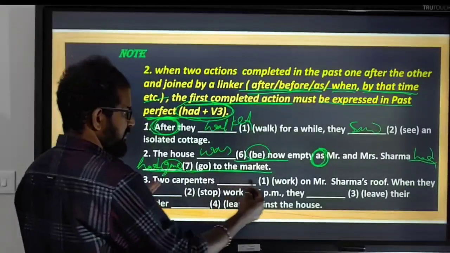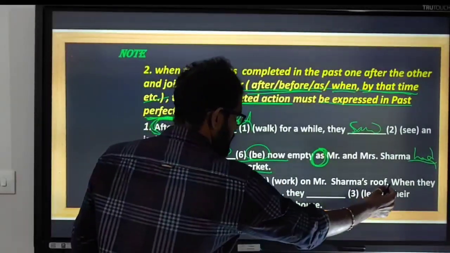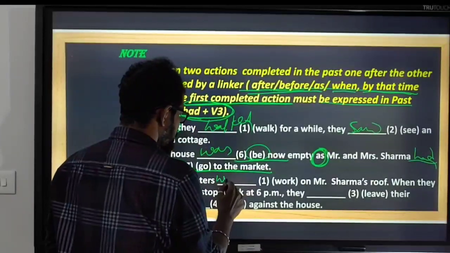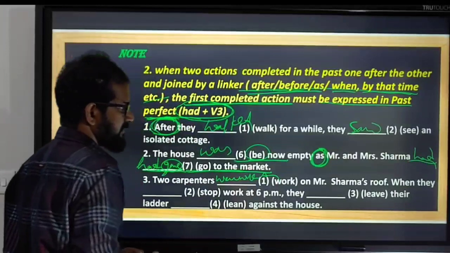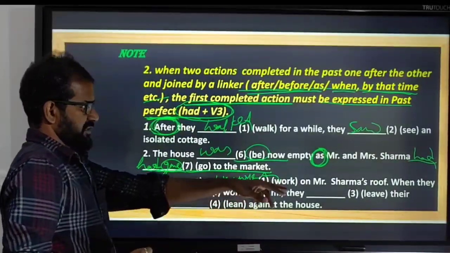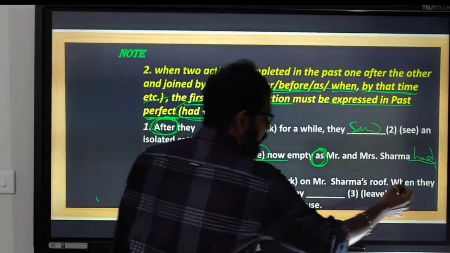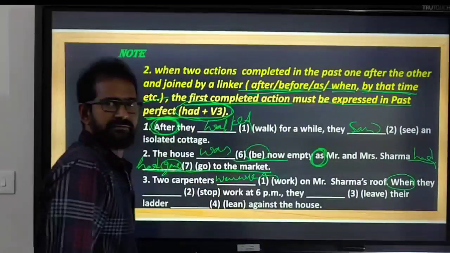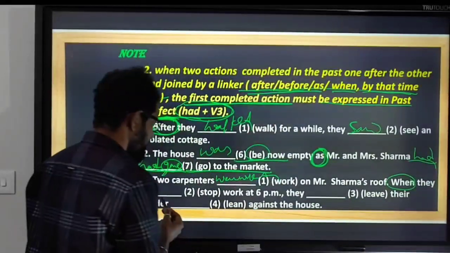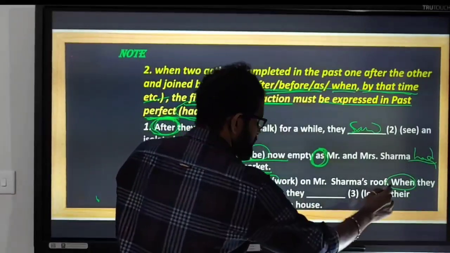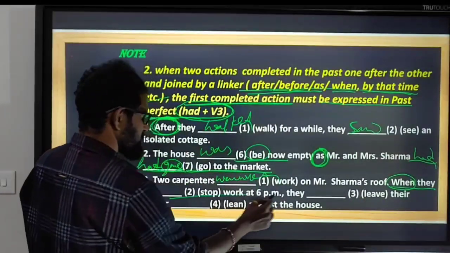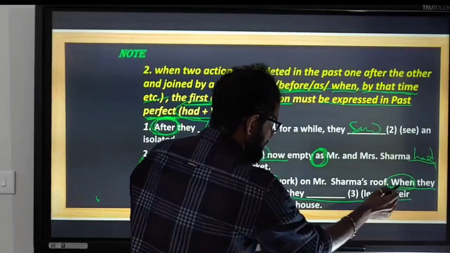Now here, two carpenters were working on Mr. Sharma's roof. It's a simple sentence and we just go with were working. When is a linker. When they stop work at 6 p.m., so two sentences here. One is stop work, the other sentence is leave.